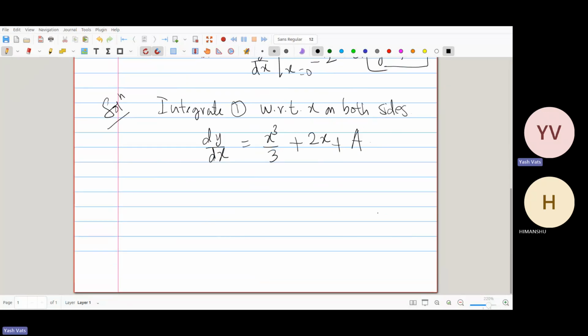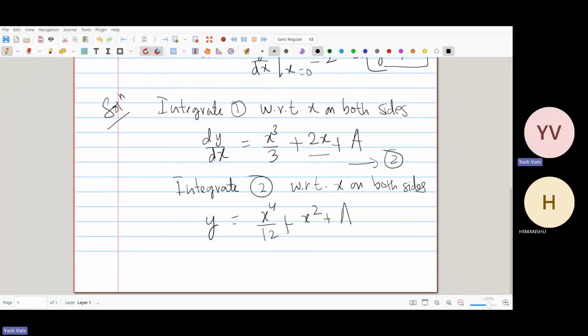Okay, and similarly you integrate second with respect to x on both sides. So that will give you y to be x to the 4 by 12, same way integration, plus x squared plus ax plus b.